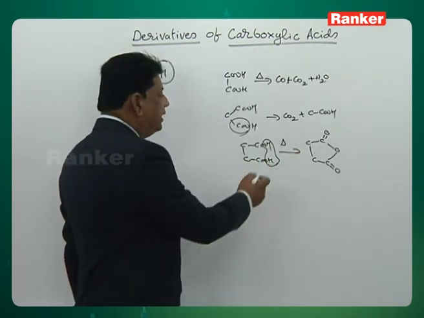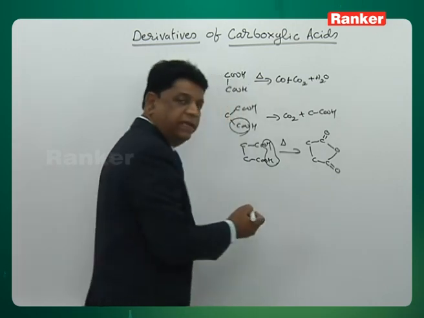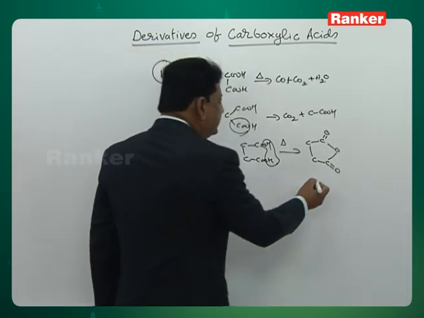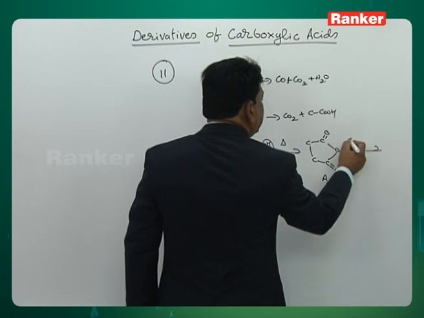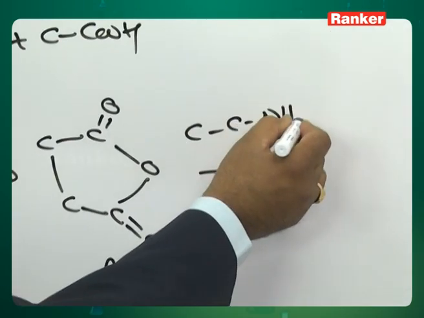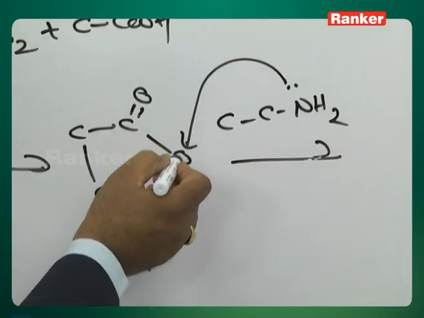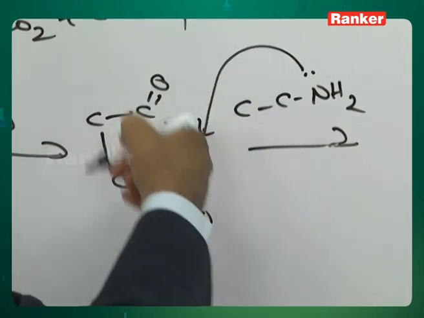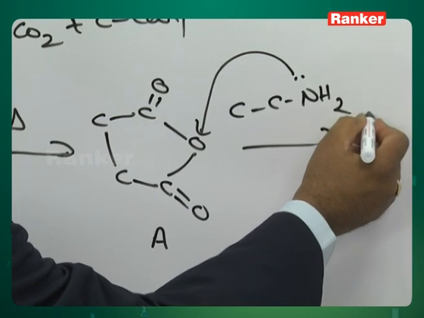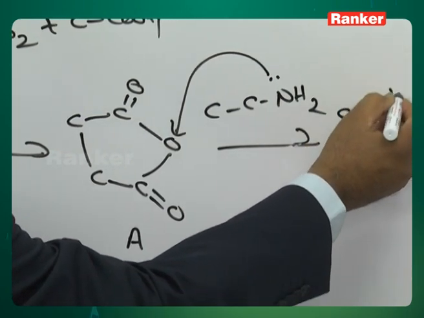This is what happens in this reaction, and A is formed. This A is treated with ethylamine. In ethylamine, N is a stronger nucleophile, therefore it replaces this one and inserts in this reaction. Again a cyclic compound is formed, a cyclic imide.